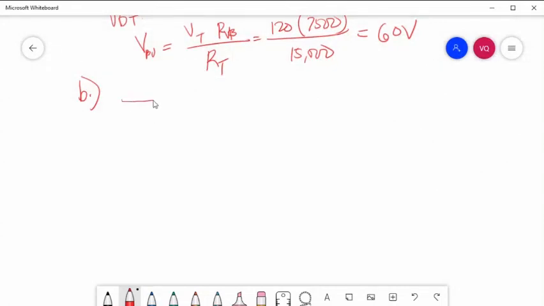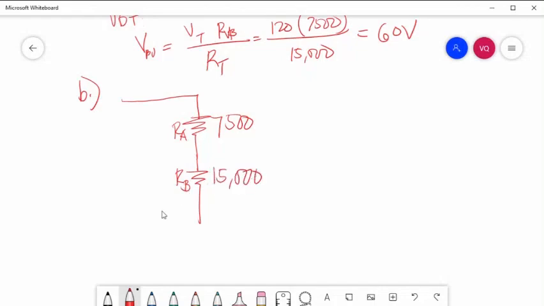We have two resistors, 75 and 7,500. This is your RA and RB. This is 15,000. This is our source, 120.